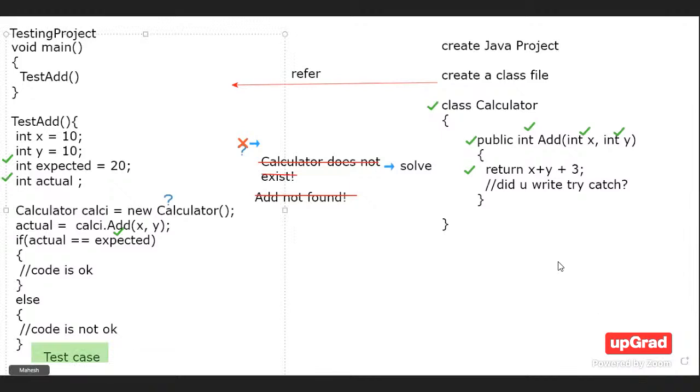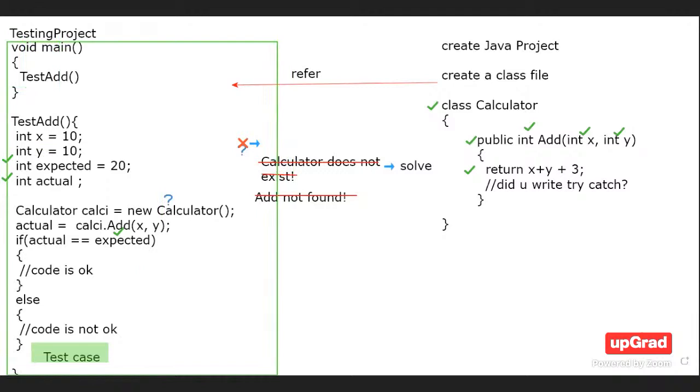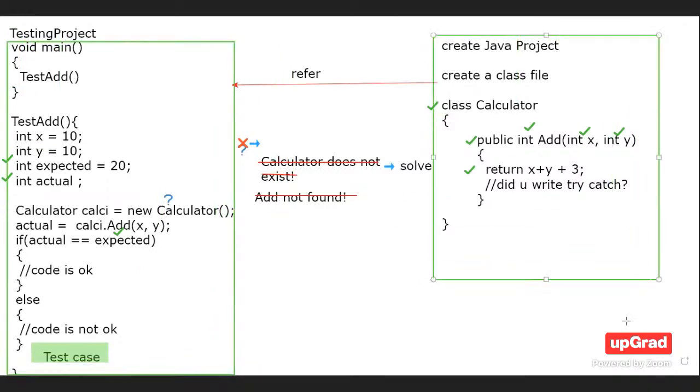Normally if you end up writing the test case first, and then you end up writing code out here on this side, then I would say something called a test driven approach is what you have followed.